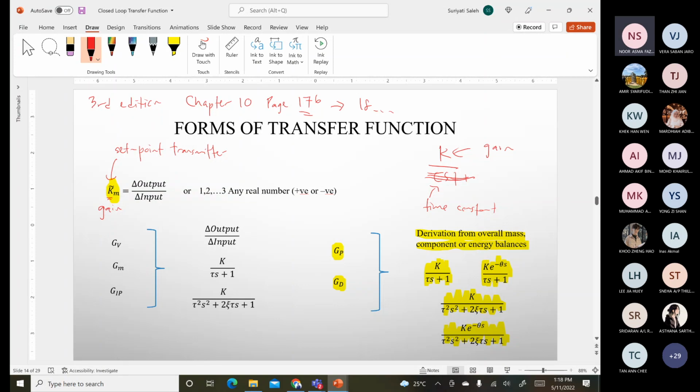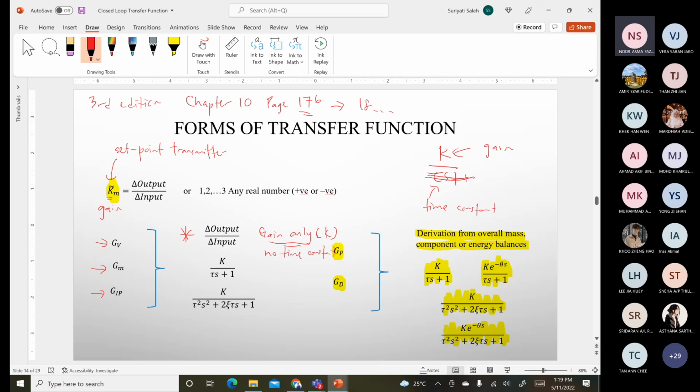Unlike the set point transmitter, you have the GV, the GM, and the GIP: the valve transfer function, measurement transfer function, or the transducer transfer function. There are three forms for this transfer function. Either K, the gain only. If it is only the gain, then delta output over delta input, and the time constant is equal to 0.